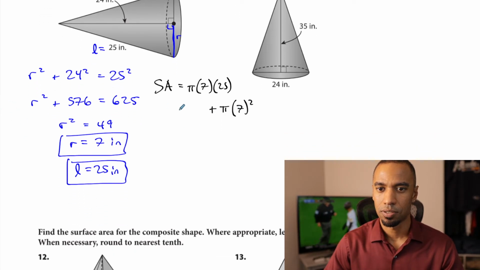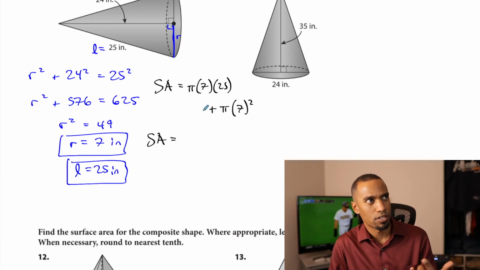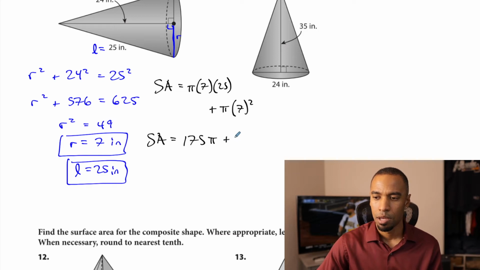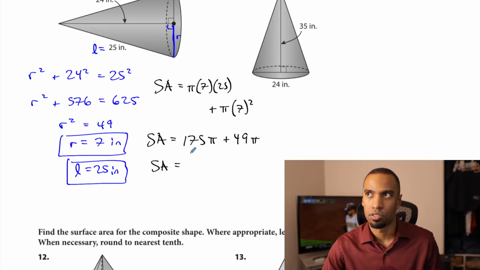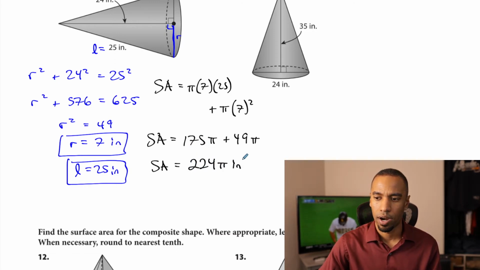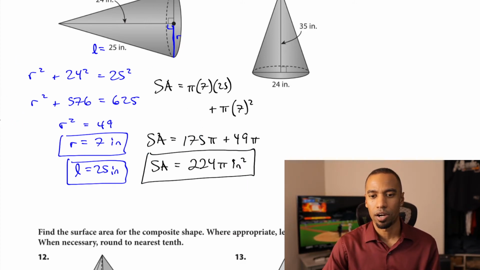So that'll give us 7 times 25, which is 175 pi, plus 49 pi, and that's going to be 224 pi square inches. So Pythagorean theorem to get the radius there, and we are good to go.